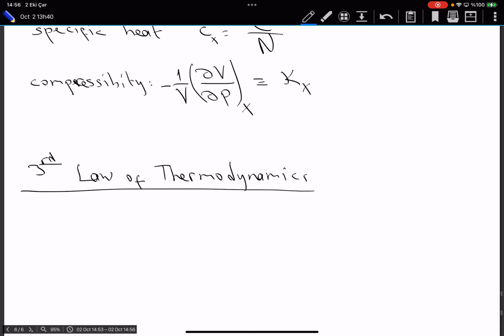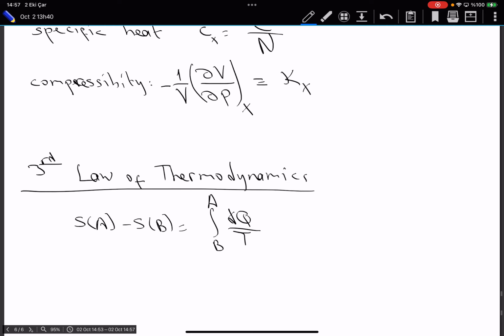Now, you see, the second law, in order to talk about the entropy, we looked at the differences in the entropy. So this is the difference in the entropy between two states of the system.